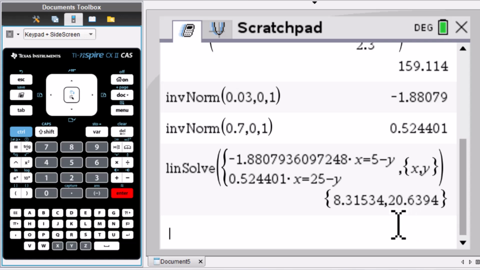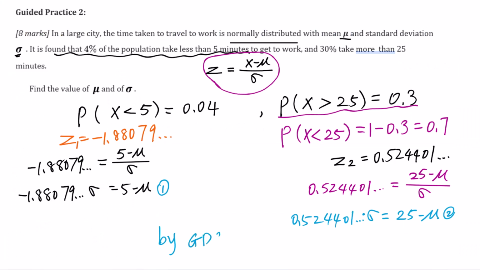Y equals 20.6. X is sigma. Y is mu. By GDC, mu equals 20.6. Sigma equals 8.32.